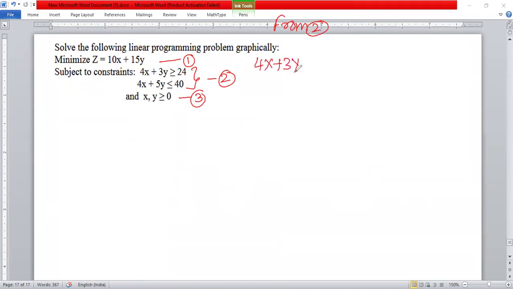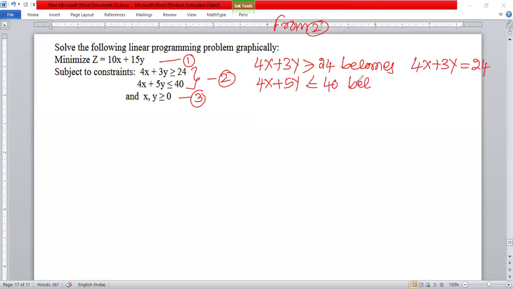4x plus 3y greater than or equal to 24 becomes 4x plus 3y is equal to 24. Similarly, 4x plus 5y lesser than or equal to 40 becomes 4x plus 5y is equal to 40.